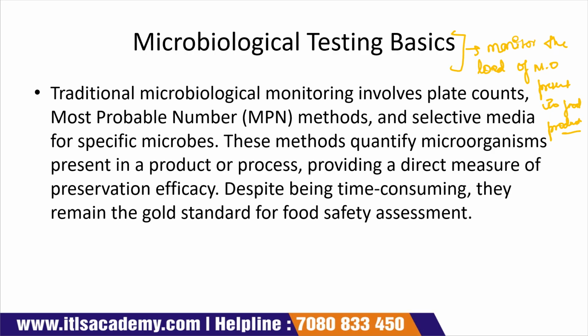In this category, we monitor the microbiological load by traditional methods like total plate count, most probable number, and selective media for specific microbes. These methods are used to quantify the microorganisms present in a product or a process, and also provide a direct measurement of the preservation efficiency.